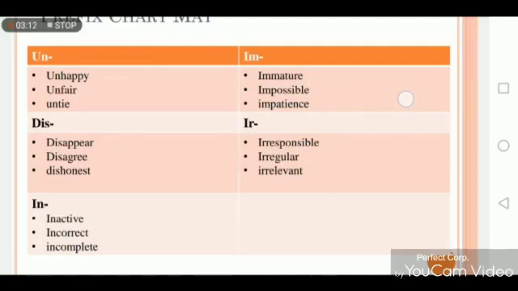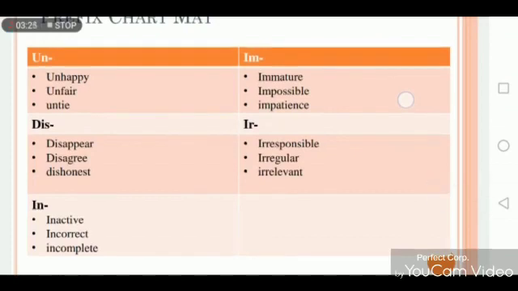Let's see the word unhappy. Happy is the root word, and we have used un as the prefix, and as a result we have the new word unhappy, and the meaning of unhappy is the complete opposite of happy. Similarly, go through all of these words.